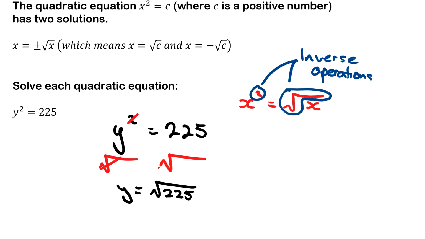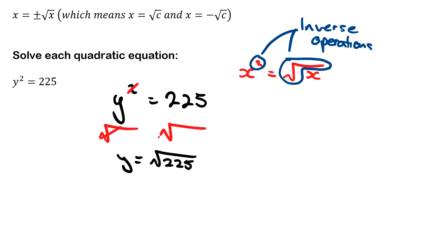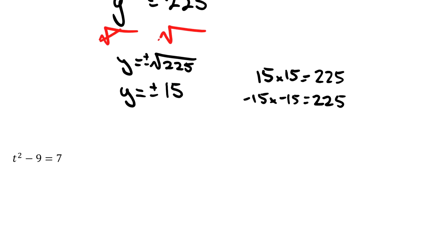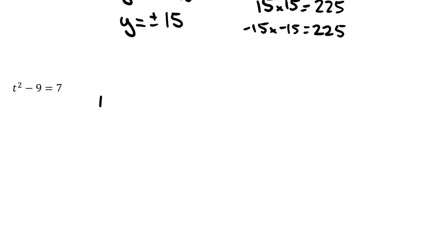At this point, you can put this straight into the calculator, and you'll get y equals plus or minus 15, because if I go 15 times 15, I get 225, and if I go negative 15 times negative 15, I also get 225. Hence why both the positive 15 and the negative 15 are our solutions.